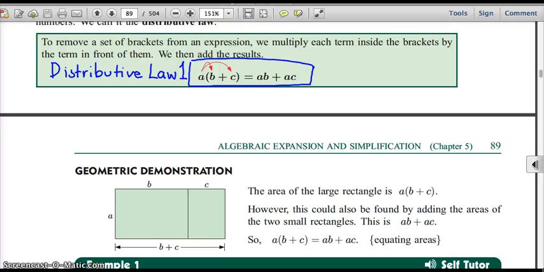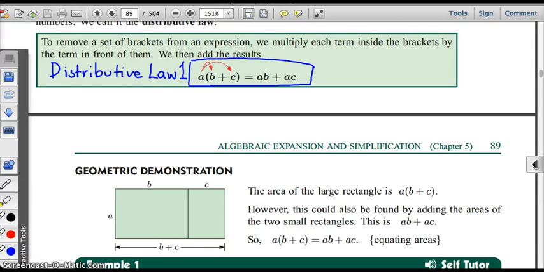So do we write the whole thing, or? So, no, you just write Distributive Law 1, A brackets B plus C equals AB plus AC. Make sure you put in the arrows because that's going to be helpful for you when trying to solve problems down the track where we don't know all the numbers.